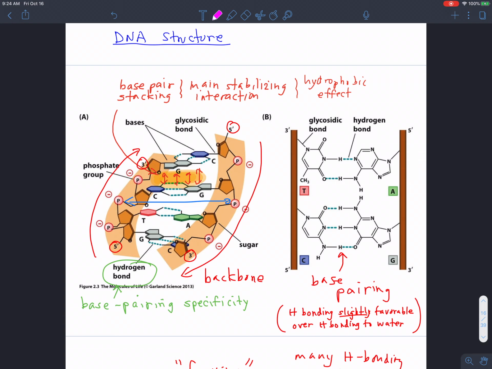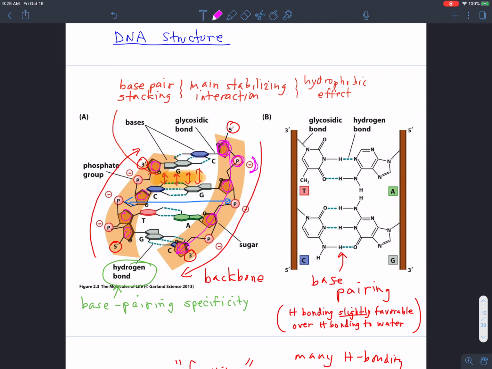DNA is, of course, double-stranded. There's a strand that's got a sequence that's called the sense strand. There's a strand that's got a sequence that's called the antisense strand. The two of them are wound around each other in a double helix. There's a backbone on the DNA that consists of alternating sugars and phosphate groups.